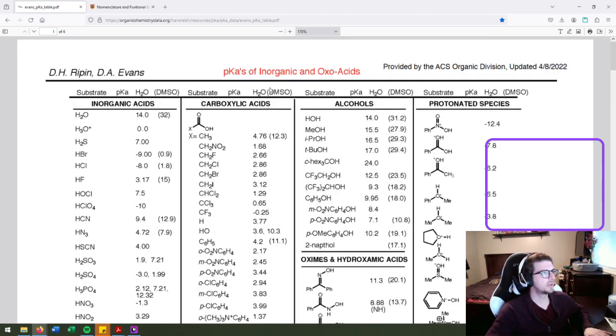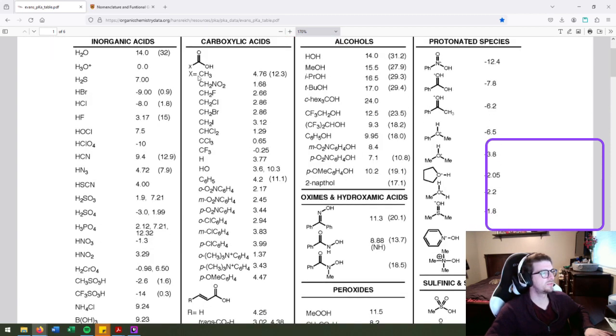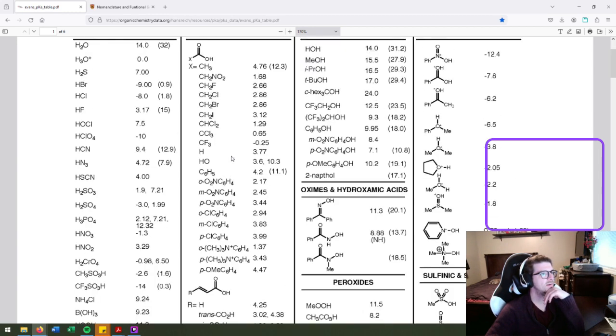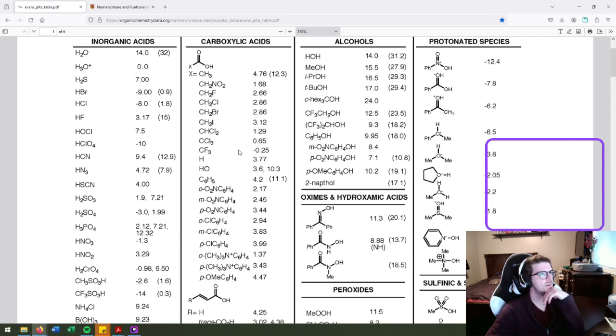So, okay, selecting carboxylic acids. So we got C6H5, which is the aryl ring, so it's the case of benzoic acid. It has a pKa of 4.2. And of course, this is not going to have a cyclohexanoic acid.